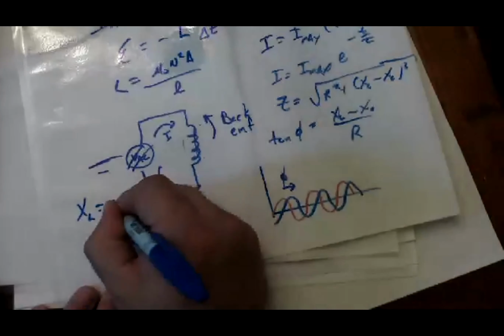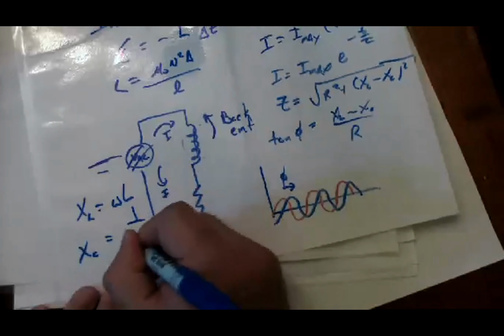XL is omega L. Right. What do I mean when I say omega? 2 pi f. And would the f always be constant in that? Usually for problems I'll be asking you, I won't be changing the frequency in the middle of the problem. Usually, yes.